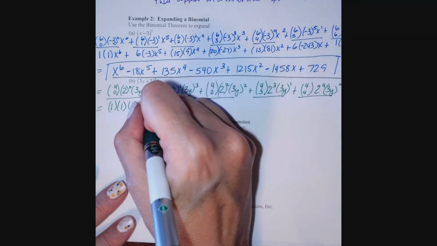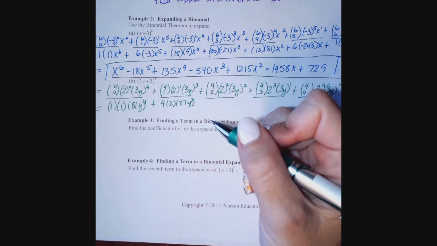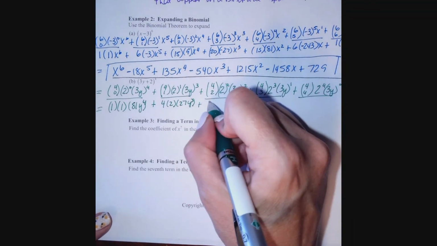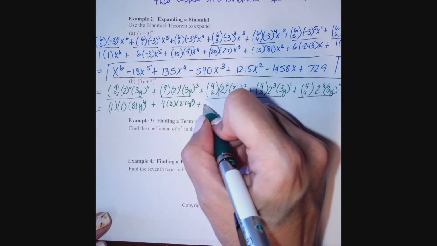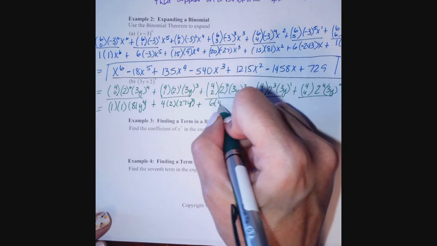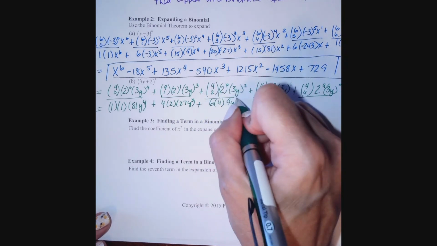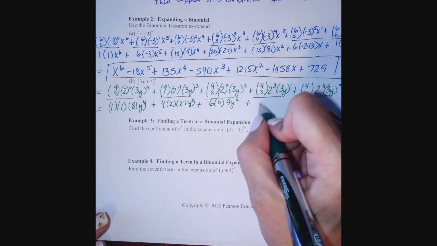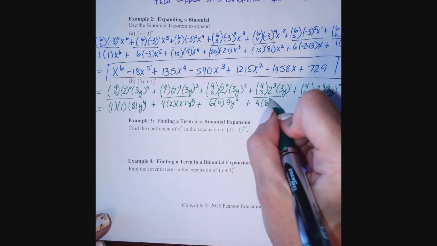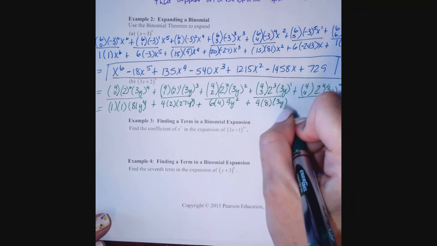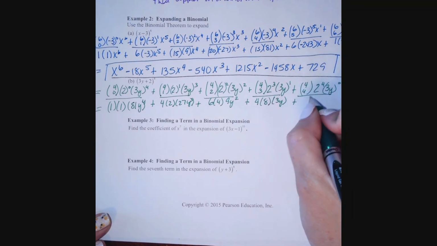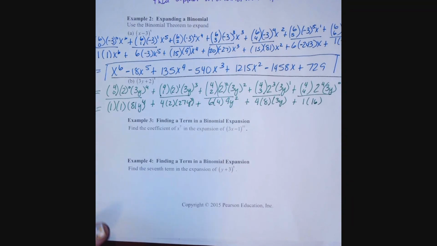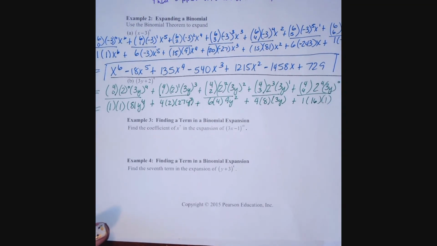Oh, this is y to the 4th, this is y cubed. Sorry, guys. And then this one we said was 6. So 6 times 4 times 9y squared plus 4 times 8 times 3y plus 1 times 16 times 1, because 3y to the 0 is just 1.